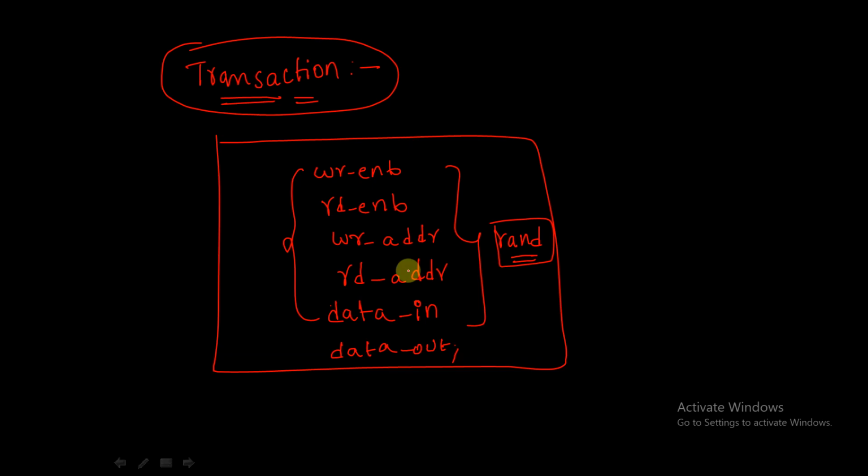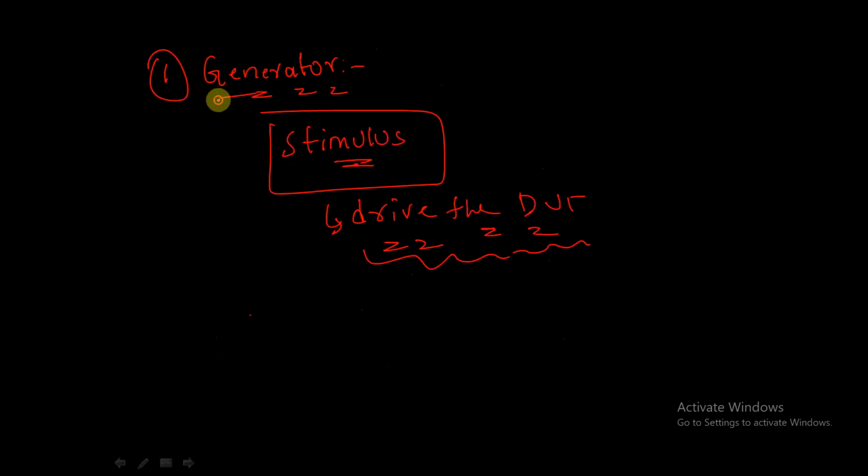So these signals, write enable, read enable, write address, read address, data in, are declared with the keyword rand in our transaction file. Now this transaction class handle is used in our generator class.